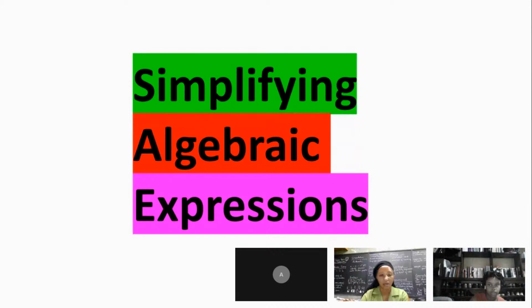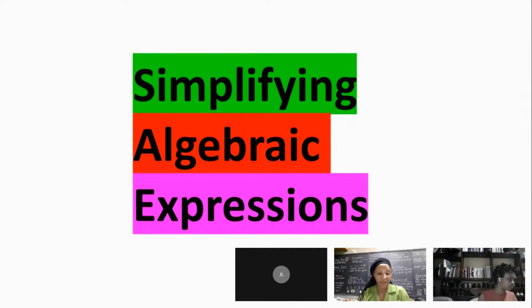All right, so simplifying algebraic expressions. And these are rational expressions. So most of them will involve fractions that have variables in them, x, y, w, whatever. And we're going to simplify them. So we're not actually solving anything.